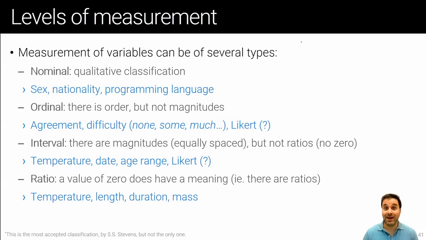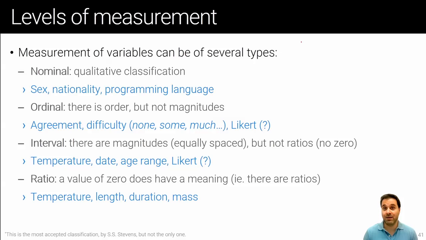But you can think about the length. We know that 6 centimeters is twice as much as 3 centimeters. And the reason why we can make that statement is because there is the value of 0, which has a very clear meaning. 0 centimeters means no length. And therefore, we could make a ratio between 6 and 3, for example. Duration in seconds: 2 minutes is twice as much as 1 minute.